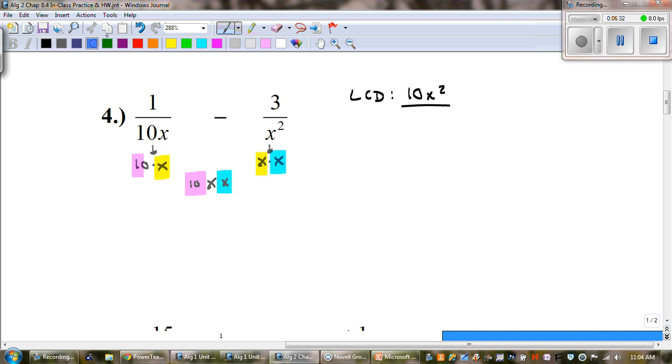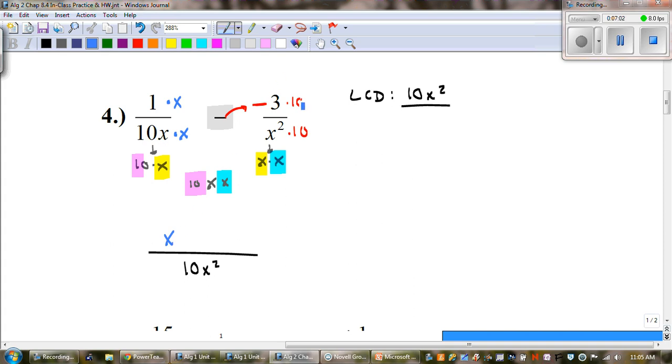So to get to 10x squared, I need to multiply the first one by x and the second fraction by 10, okay? And we have to remember that this is a negative 3. So our denominator is going to be the 10x squared. 1 times x is x.